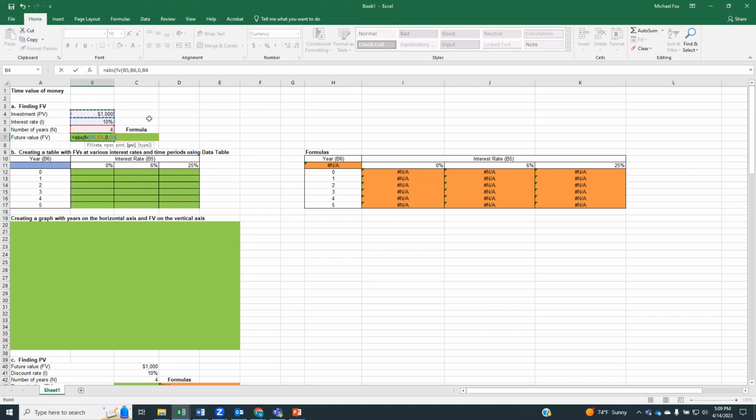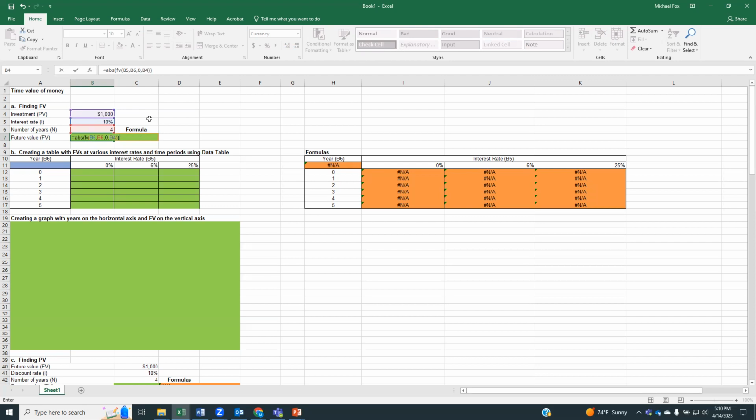So what we're saying is, hey, Excel, what is the absolute value of the future value at 10% for 4 years, with $0 being added after that first year and having $1,000 at the beginning of the whole thing?